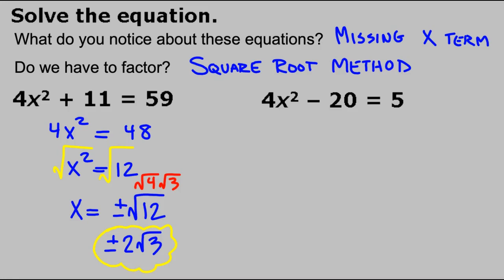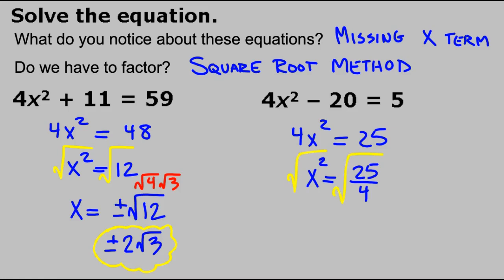Same thing over here. This one's a little different because it works out kind of nice, neat, and happy. 4x squared equals 25. X squared equals 25 fourths. Huh, that's weird. That number is a perfect square. So when you square root both sides here, and I square root 25 fourths, I'm going to end up with plus or minus, what's the square root of 25? 5 over the square root of 4, which is 2.